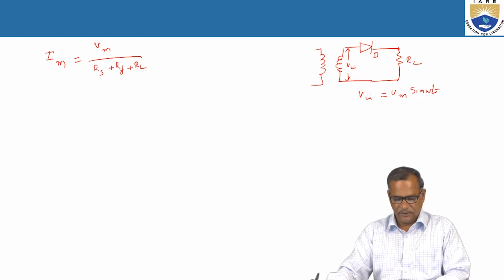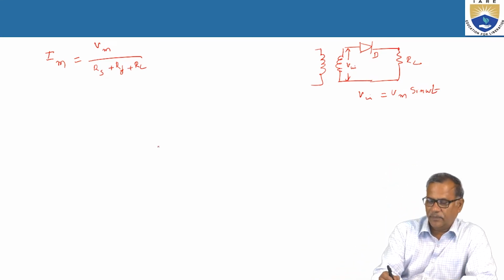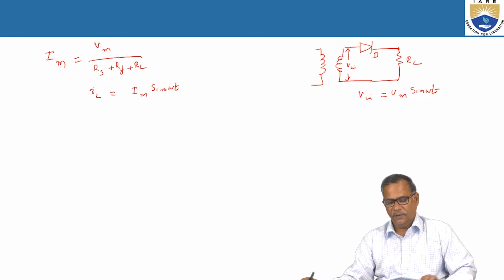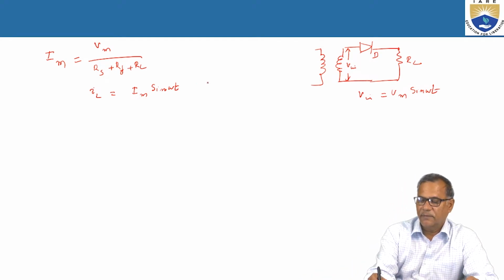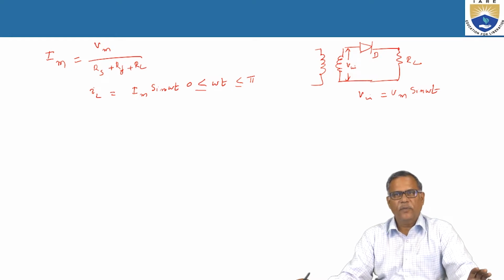So what is the average value of DC current? The load current IL is equal to Im sine omega t during the positive half cycle, that is, when omega t is between 0 to pi.